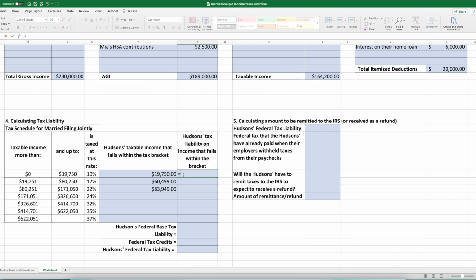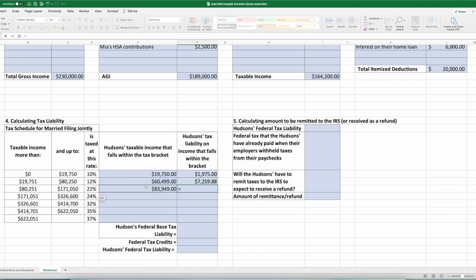So the portion of the income in the first tax bracket is going to be taxed at 10%. So we take the income in this tax bracket and multiply it by the rate at which the income is taxed, 10%. Similarly, we're going to take the income that's in the next tax bracket and multiply it by the rate at which it is taxed.